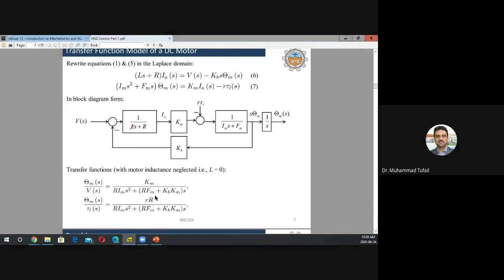ठीक है? So this is the minimum you should do, because this is the simplest transfer function, in which I'm just telling you to find the transfer function between this input and this output, and between that input and the output. ठीक है?